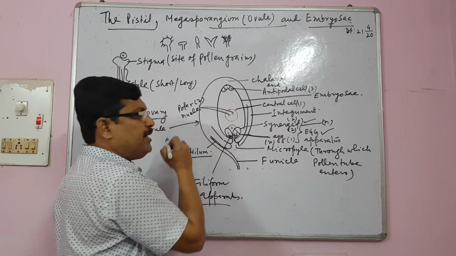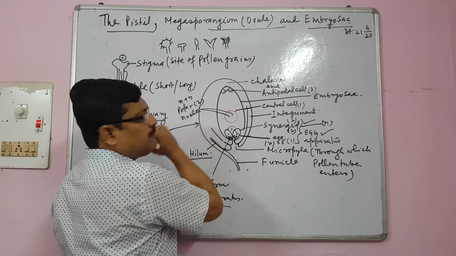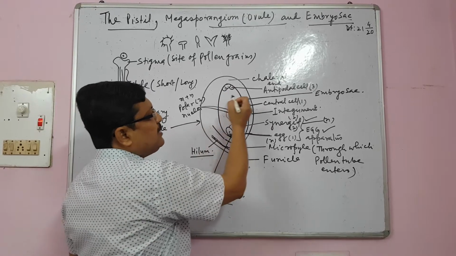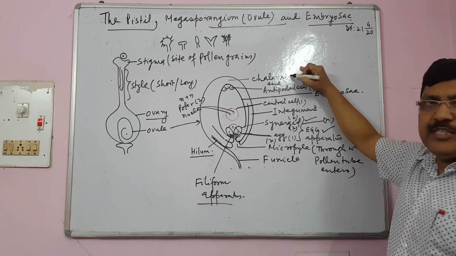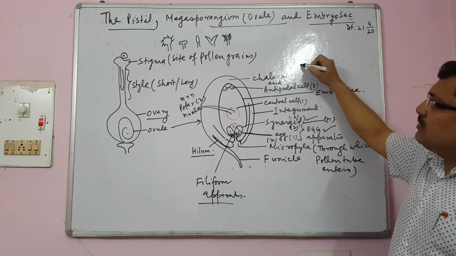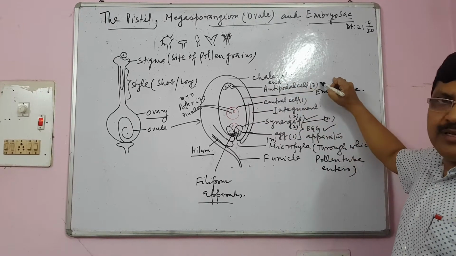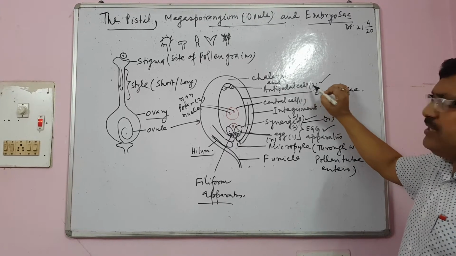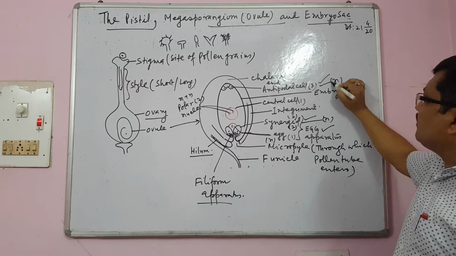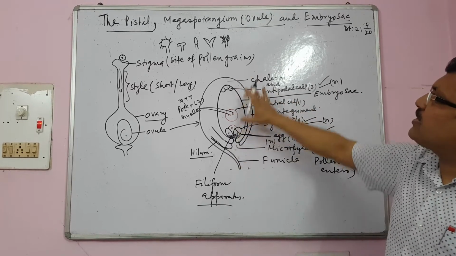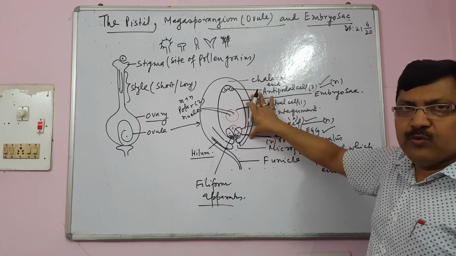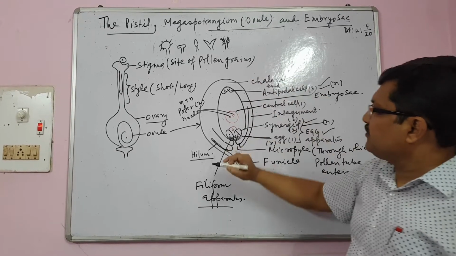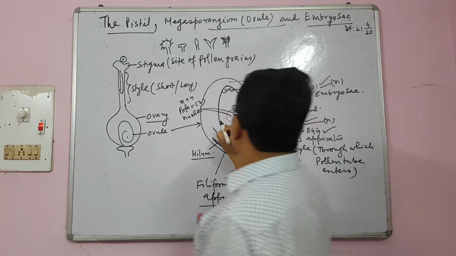Both are haploid, means N plus N. And opposite to the micropylar end, this end is called chalazal end. This end has 3 antipodal cells. These 3 antipodal cells are also haploid. This complete structure is the Megasporangium, means ovule, and this structure is the embryo sac.